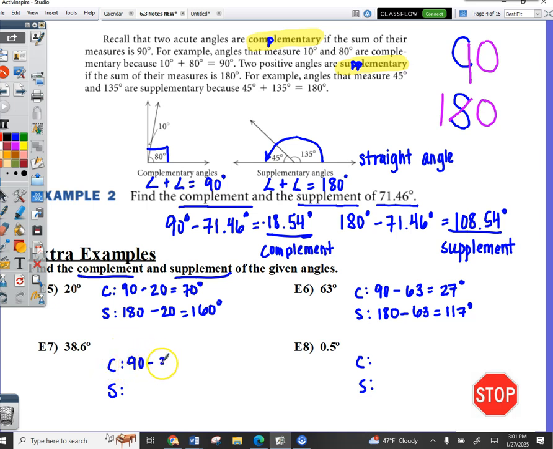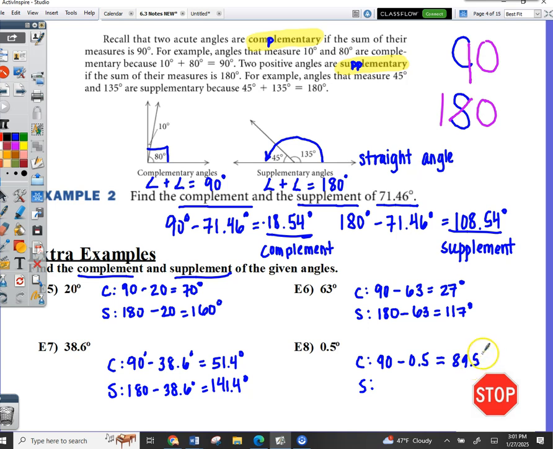Complement of 38.6. 26. Nice. And then the supplement, Jocelyn. Nice. Complement of half a degree. Thank you. Reagan, supplement of half a degree. 179. Nice.